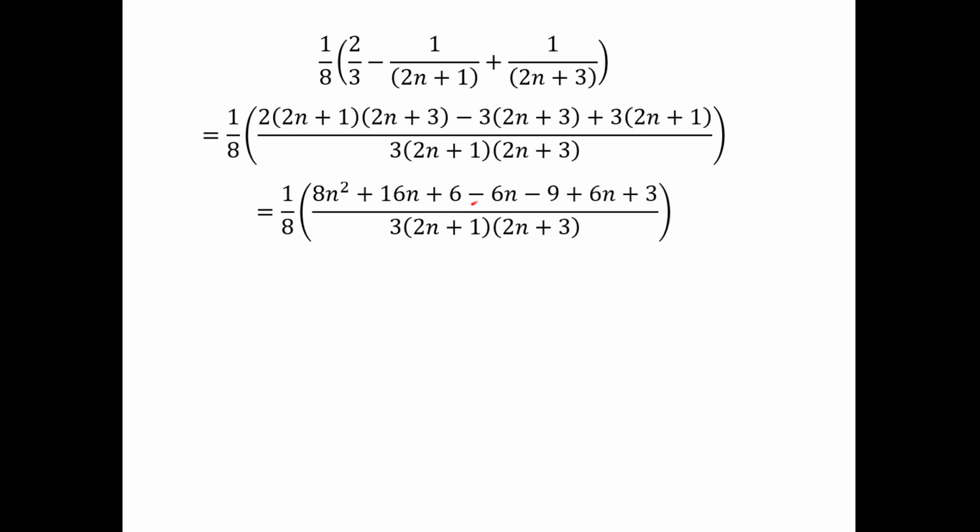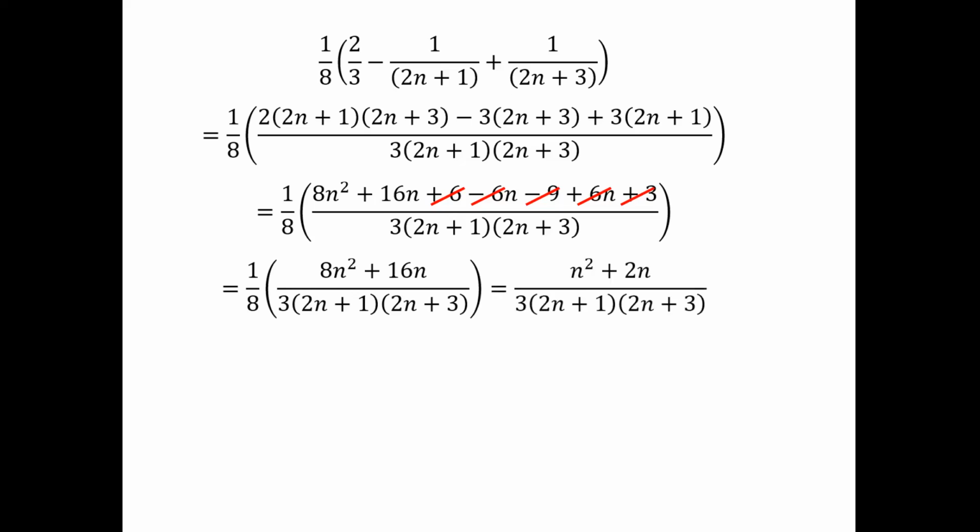Do a bit of cancelling. The minus 6n's will go. I've also got plus 6 minus 9 plus 3. That will go as well. So I'm just left with 8n squared plus 16n on the top. I can divide the top by the 8 on the bottom of that fraction. So I've got n squared plus 2n, and then the bottom line is 3, 2n plus 1, 2n plus 3.